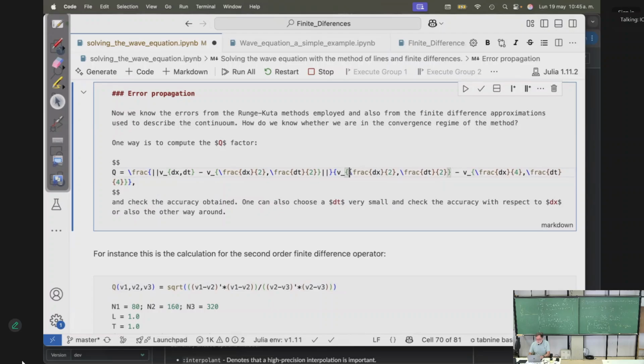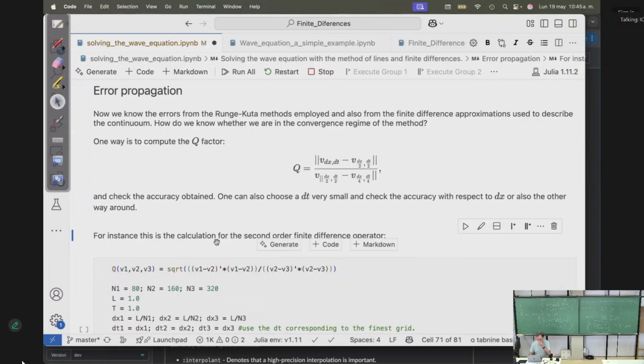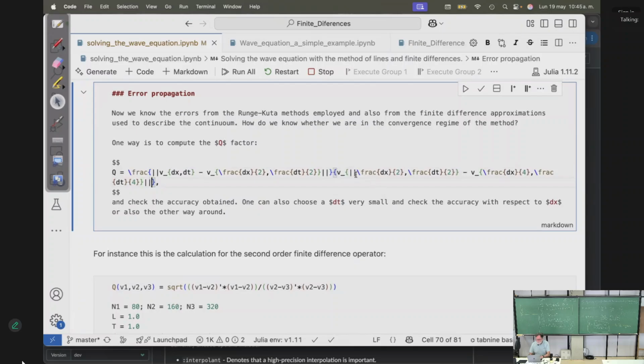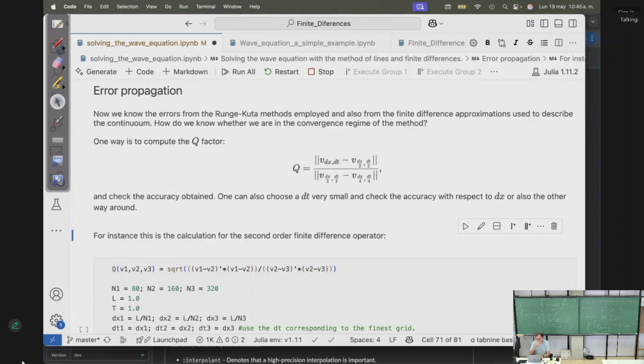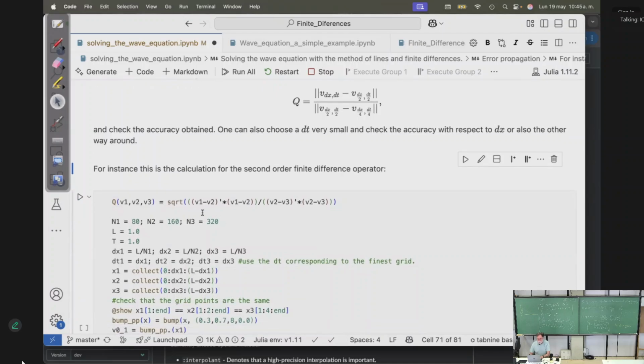So we have to take some norms. Here we take just the Euclidean norm.